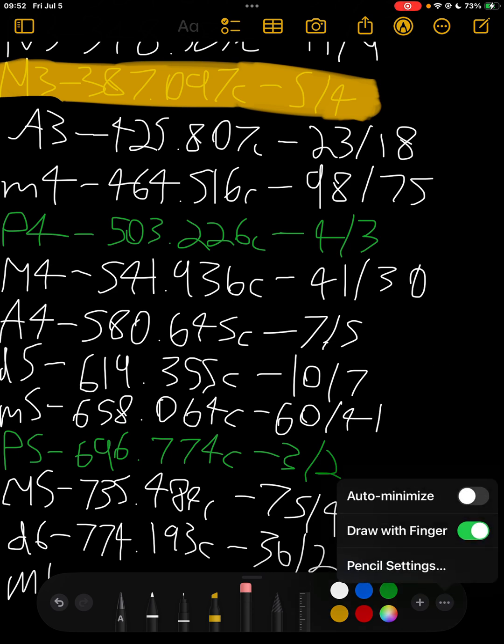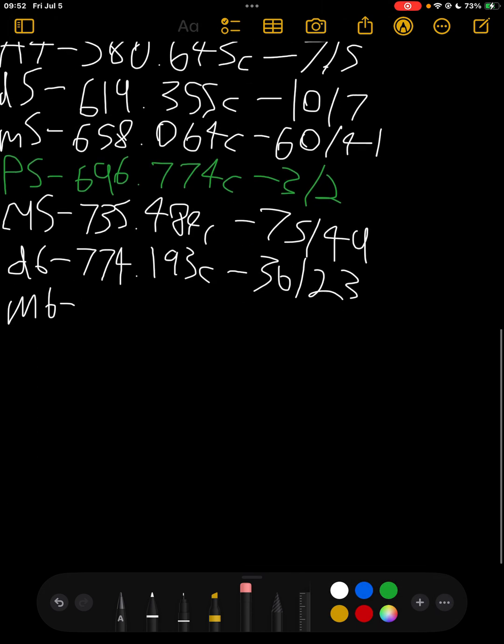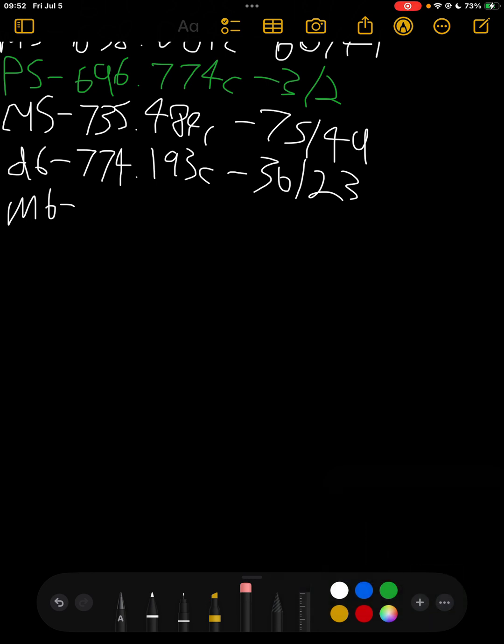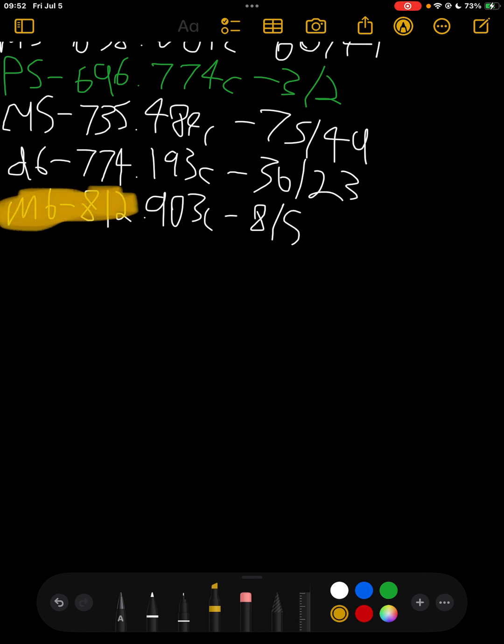Hold on. Got 812.903 cents. And that uses an 8-to-5 ratio. Another important interval, you see. The minor sixth.